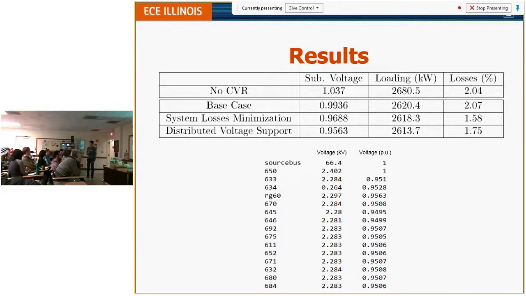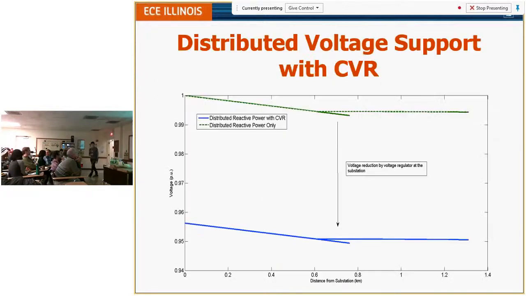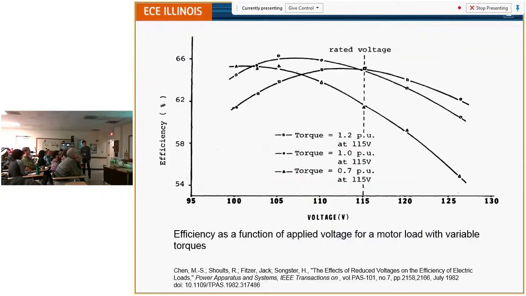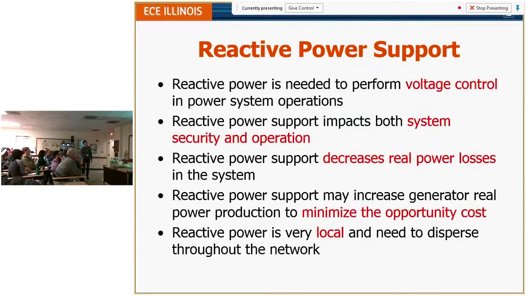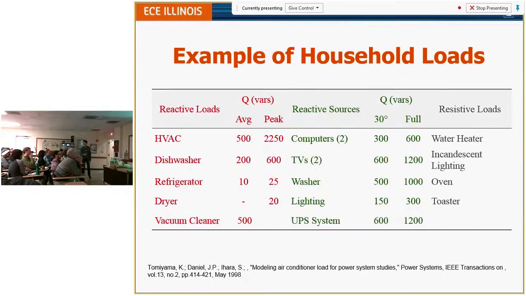Yes, Professor Pilawa. As far as I can tell, the only loads that give you energy savings by reducing the voltage seem to me to be the electric motors that are not powered by an inverter.